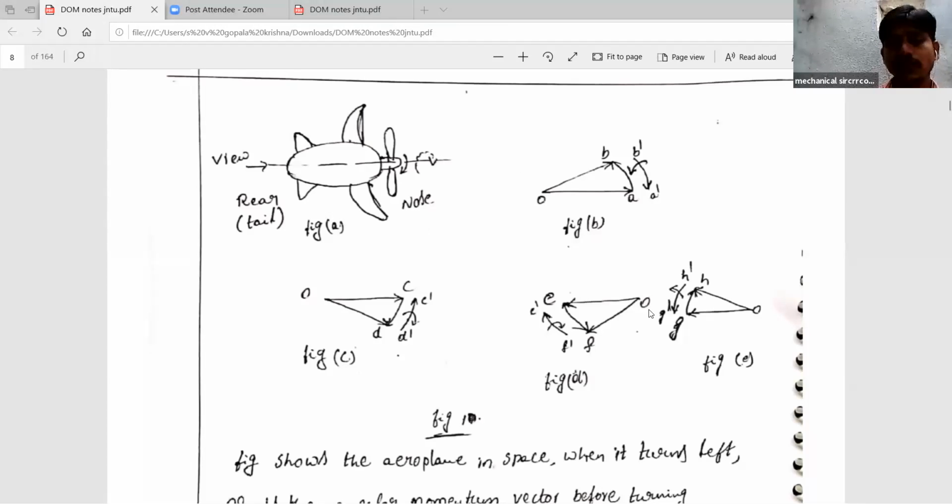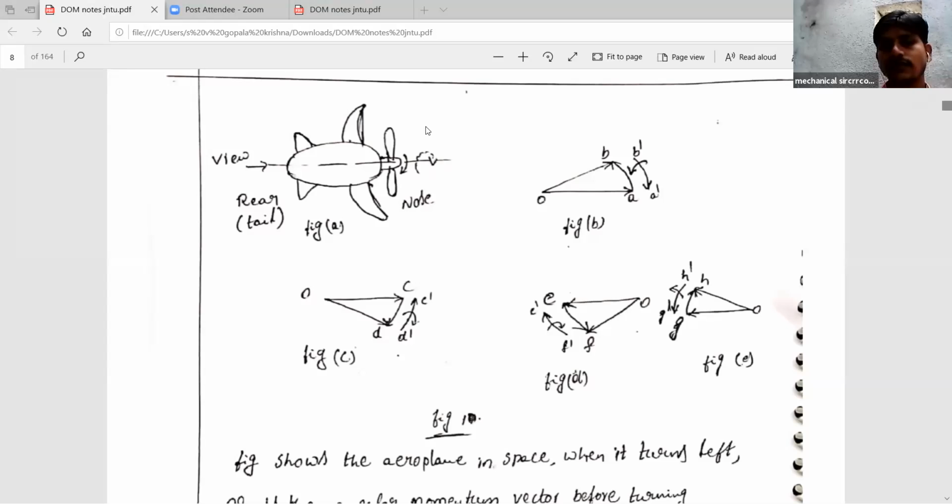Then the effect of gyroscopic couple, as you observe in figure C, is to dip the nose and raise the tail.